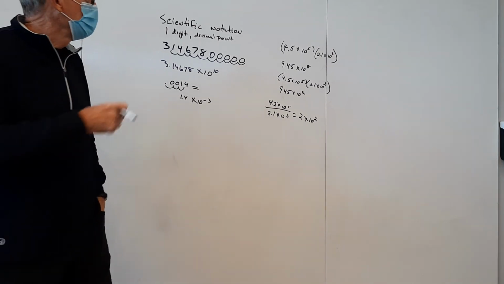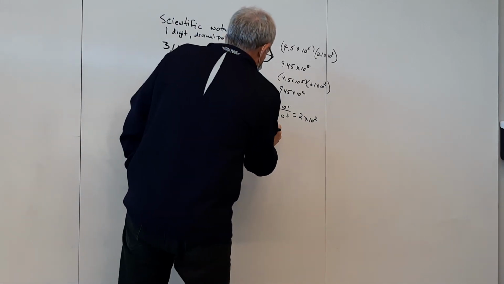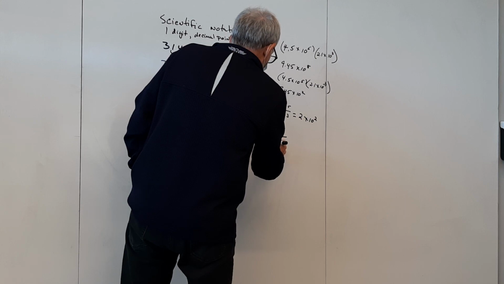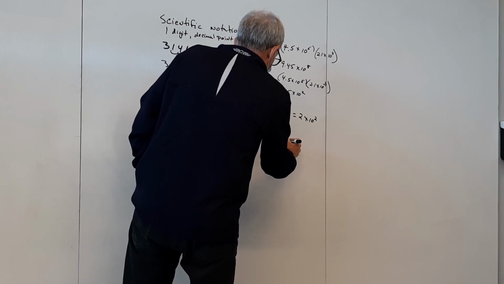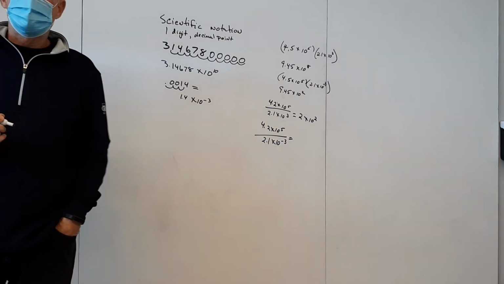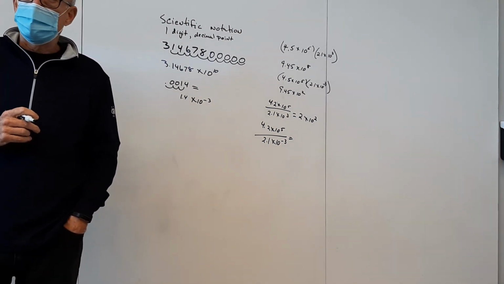Everybody got it? Okay, try this now: 4.2 times 10 to the 5th divided by 2.1 times 10 to the minus 3. What do you get? Try it on your calculator.